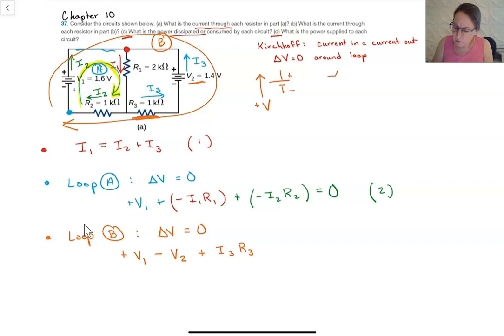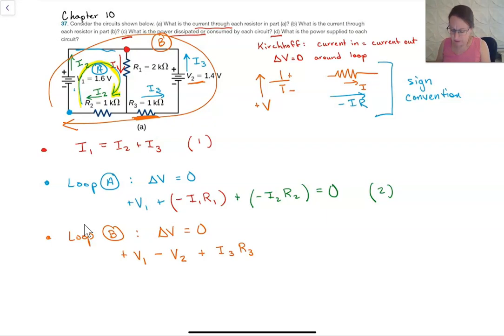And if we go through a resistor in the direction of the current, that would be a minus I times R. So if we're going the other way through this resistor, going backwards, I get a plus instead of a minus.